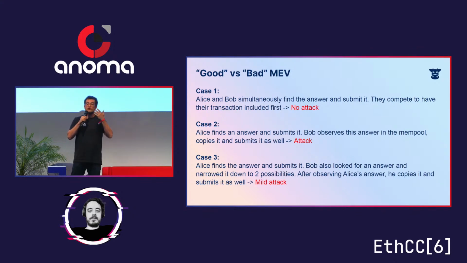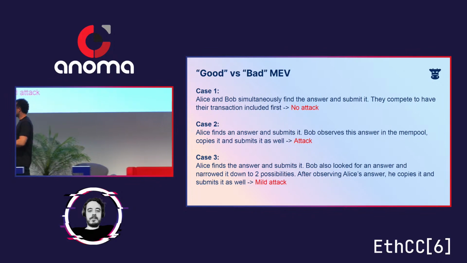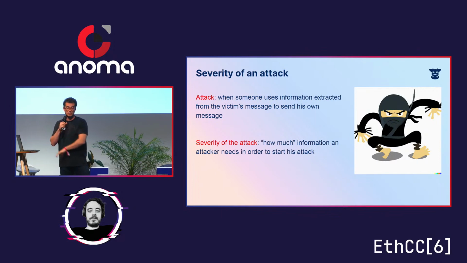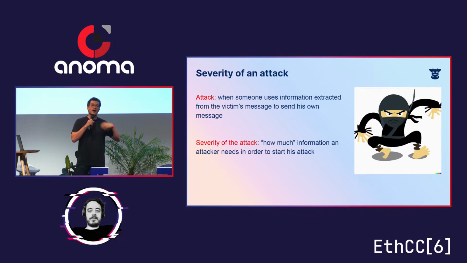He's already fairly informed to start with, contrary to case 2 in which Bob has absolutely no information and is fully reliant on the observation of Alice's message to craft his own message. Okay. So in the paper we have all the formalities, but intuitively an attack is characterized by the fact that Bob has to use information extracted from Alice to send his transaction, and the severity has to do with how much information he's relying on.